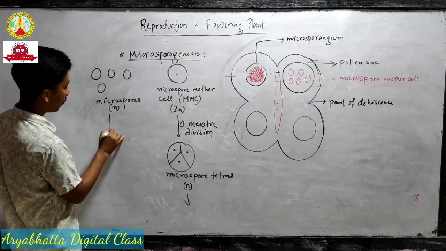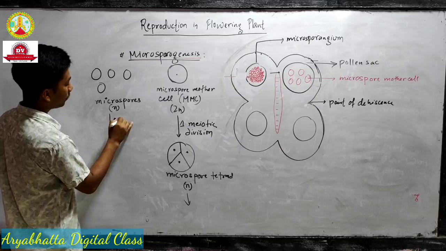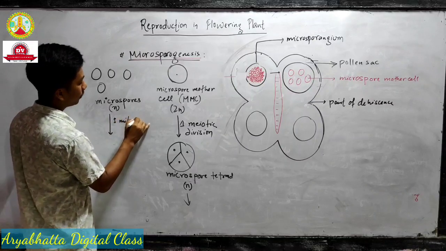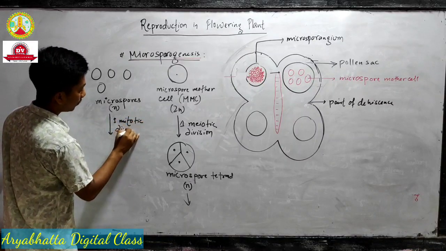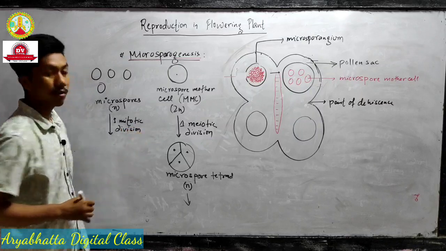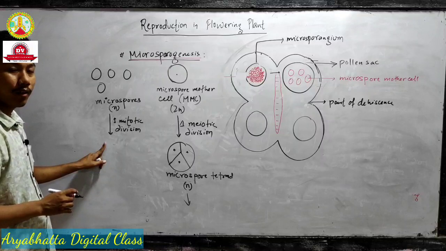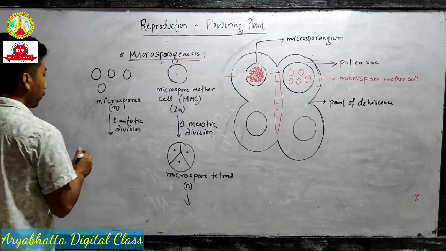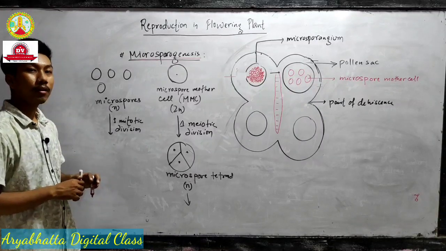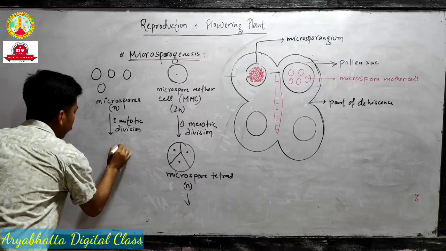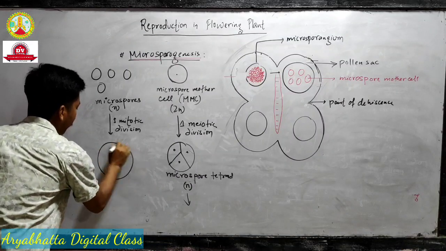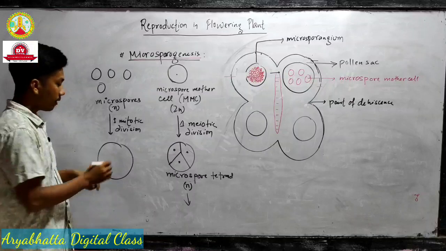This microspore undergoes one mitotic division, that is mitosis. So it will undergo one mitotic division and finally it will produce pollen grains.